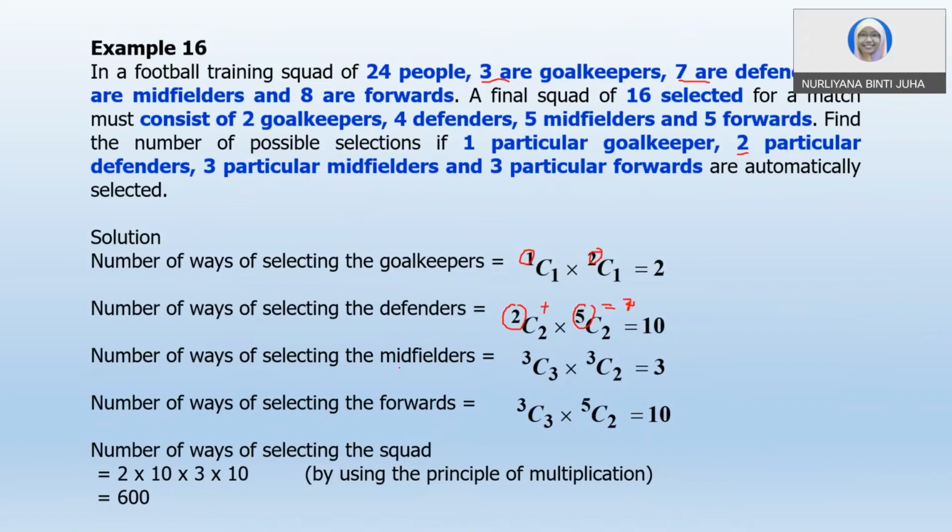And then we move on to the midfielders. Midfielders there are 6. Originally, we have 6 midfielders. So we have 3 plus 3. You have 6 midfielders. But then it says the final squad must consist of 3 particular midfielders. They are fixed. 3 choose 3.